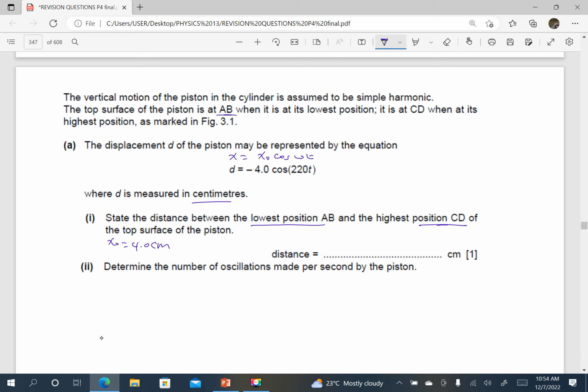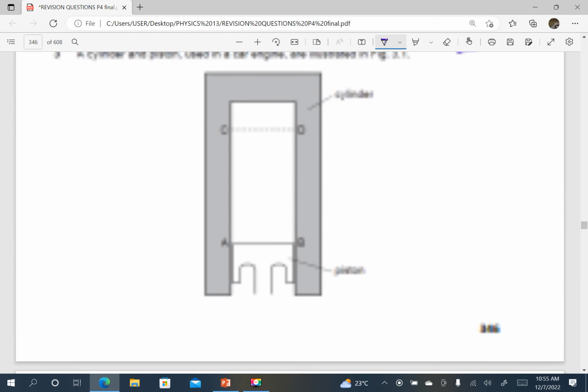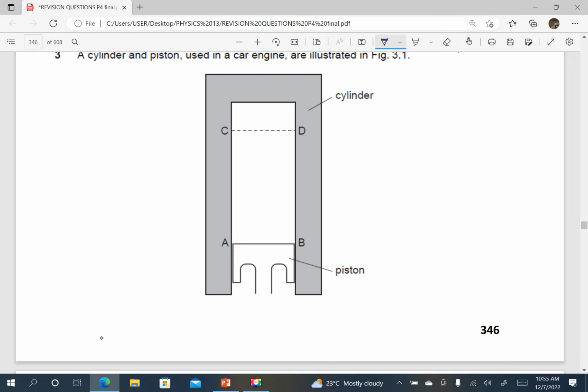So the distance is going to be twice, that is 2 times 4.0, which gives us 8.0. Alternatively, we can go back here. Let's sketch a simple graph of displacement with distance. So we start from here.